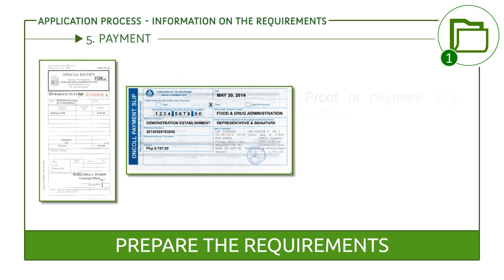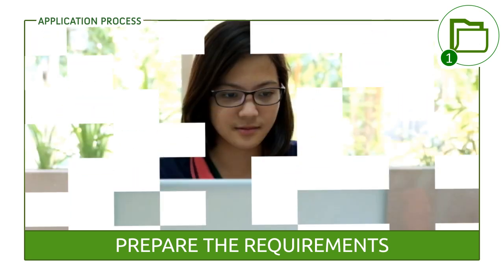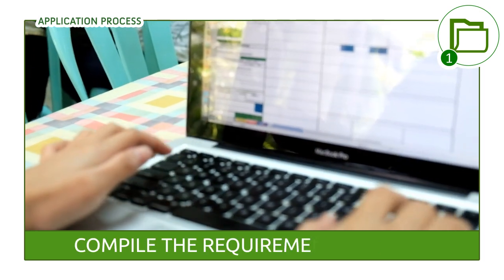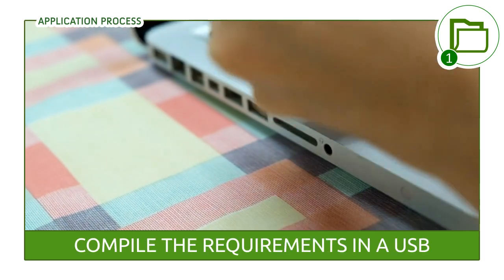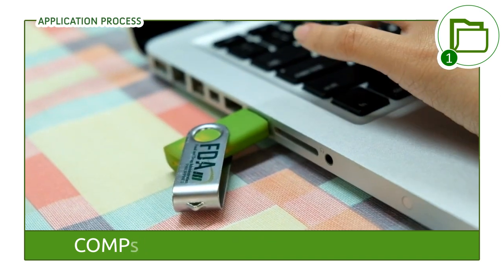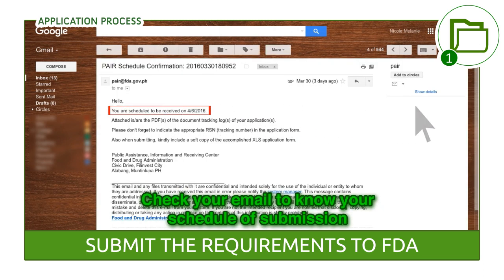Payment. Proof of payment, for example, authorized bank payment slip or official receipt, must be attached to the application. Compile the requirements in a USB. Submit the requirements to FDA. Check your email to know your schedule of submission.